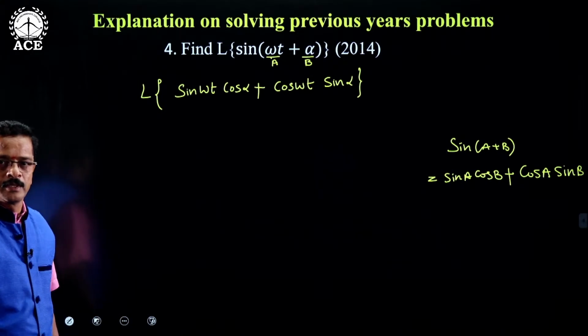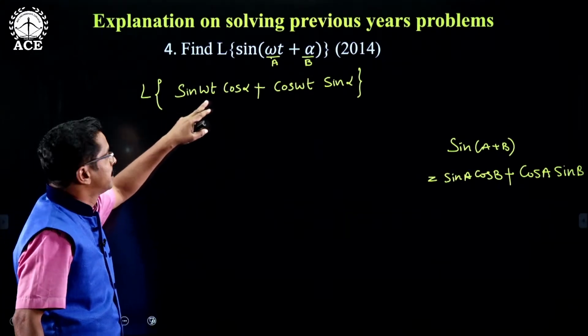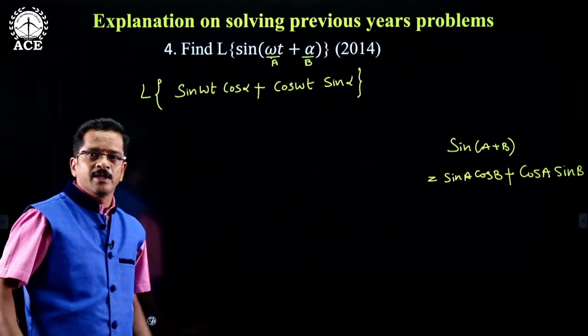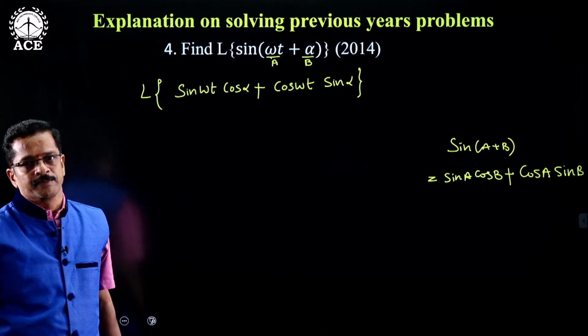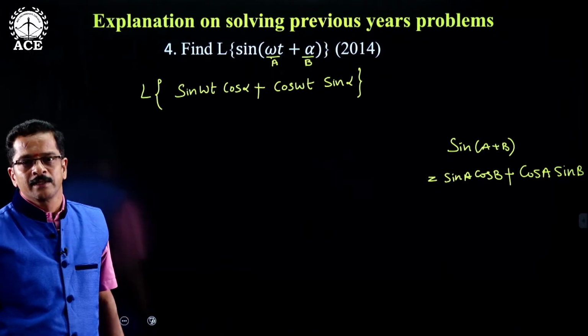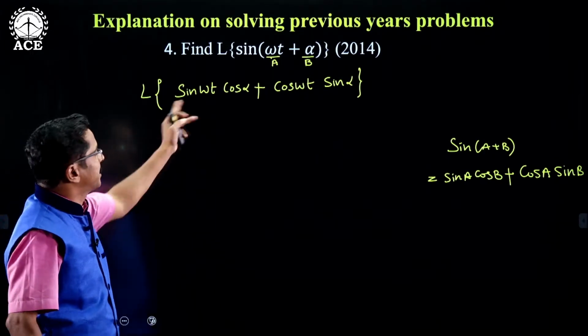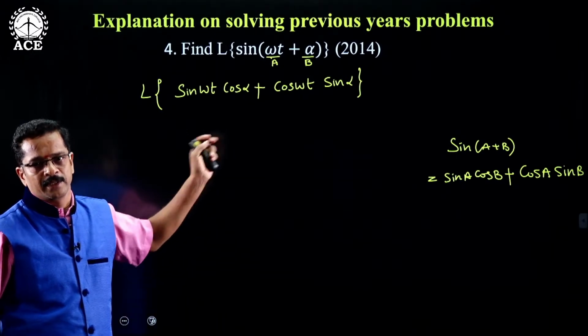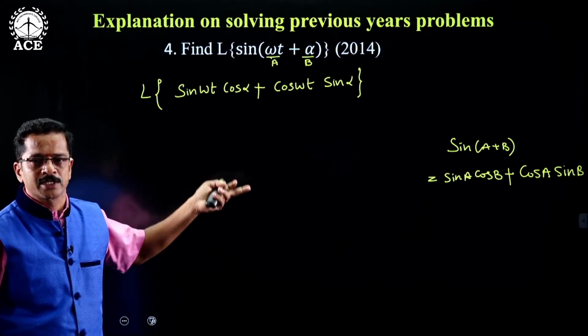Okay. So here is a function in t and here is a function in t. These cos α and sin α are independent of t terms, so they will be constants. So we can say this is a linear combination of functions, and we apply the linearity property.